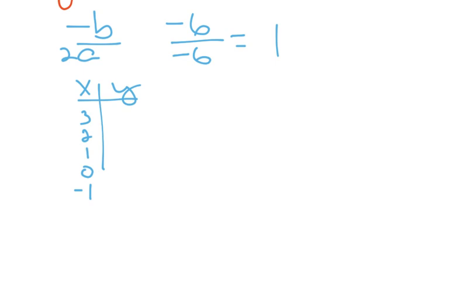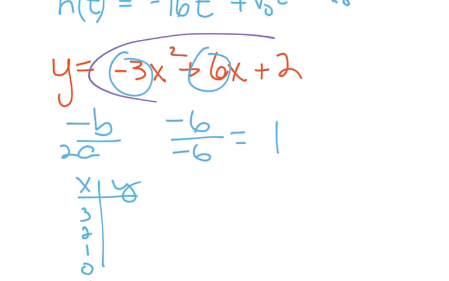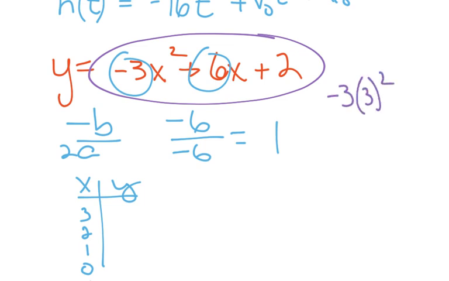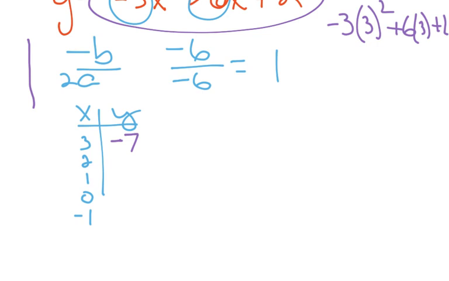So that will keep our symmetry. So when I go back, this one takes a little more work. I'm going to plug it back in for every x. Like if I plug in 3, I'm going to get -3 times 3 squared plus 6 times 3 plus 2. And you should be able to do this without a calculator. Get -7 there. And so then that makes -1, -7 also.